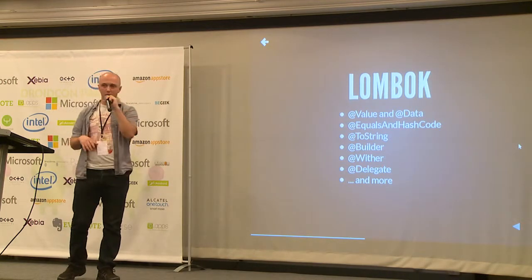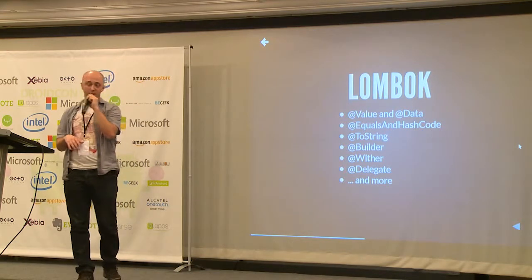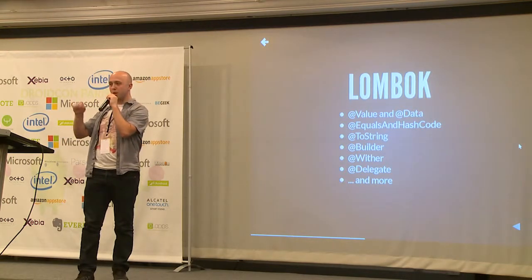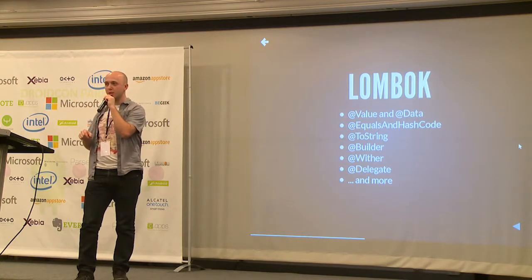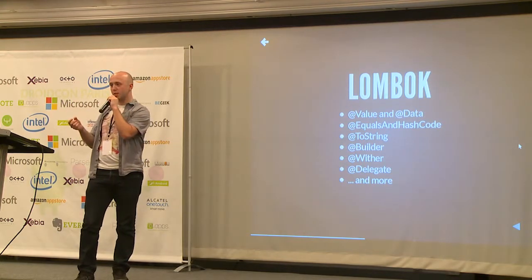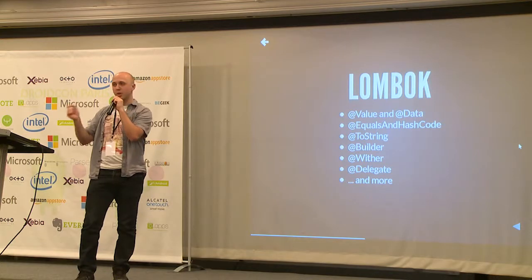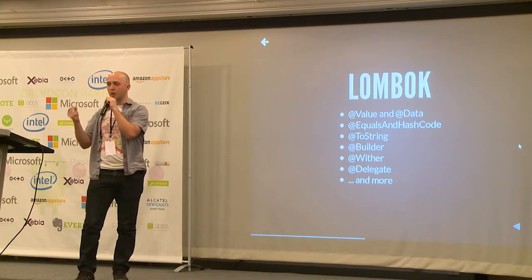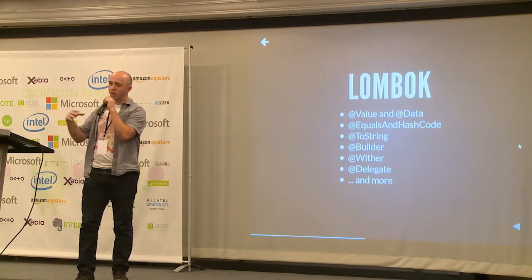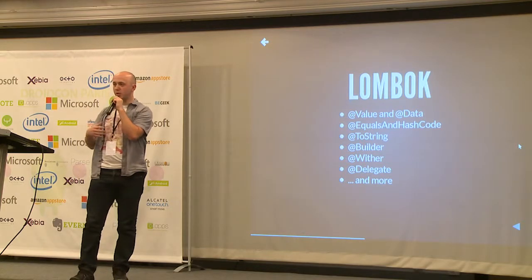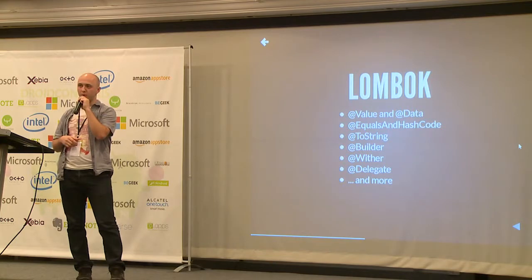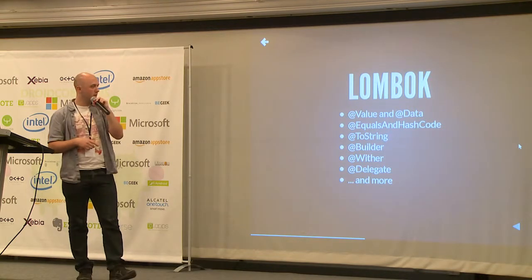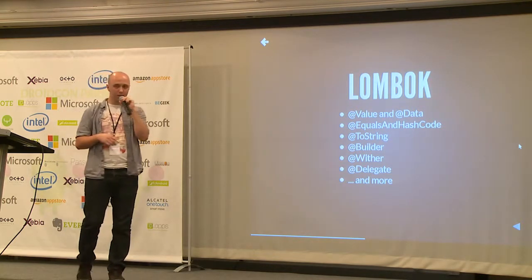And wither, also in Groovy, adds withField methods to your classes, so you can mutate objects, not really mutate, but create new objects based on your objects with a single field changed.